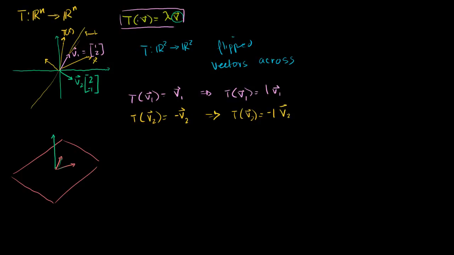And it's not going to be all vectors, right? This vector x that I drew here doesn't just get scaled up. It actually gets changed. Its direction gets changed. The vectors that get scaled up might go from this direction to that direction. Maybe that's x, and then the transformation of x might be a scaled up version of x. Maybe it's that. But the line that they span will not change.